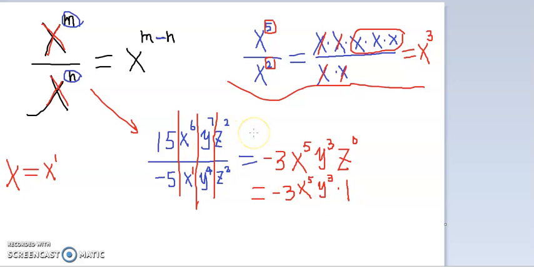Why is z to the 0 equal to 1? Because we can do it by definition. The top has 2 copies of z, which is z times z. And the bottom also has 2 copies of z, z times z. Now we can cross out the same variable, the same number. z cancels z. z cancels z.